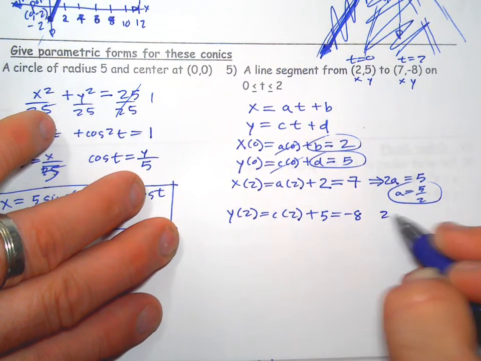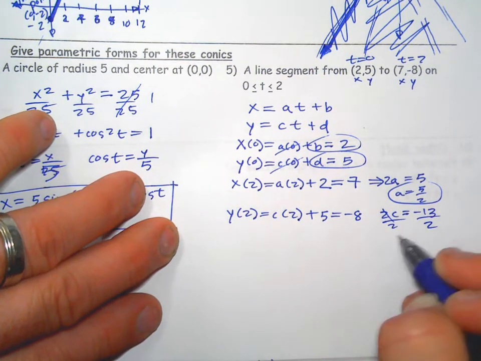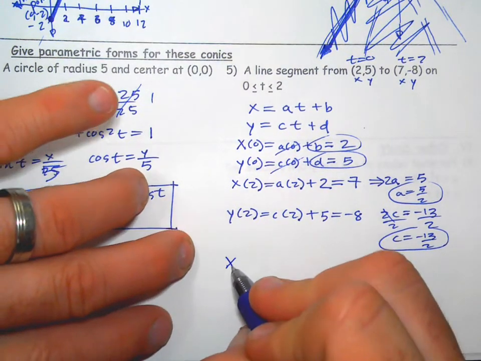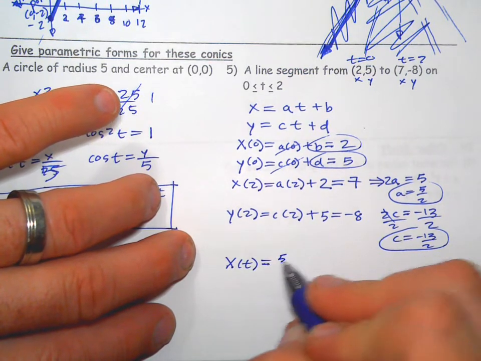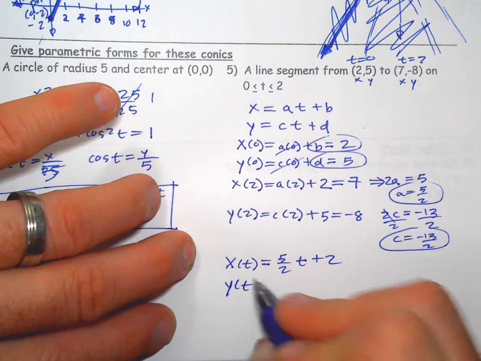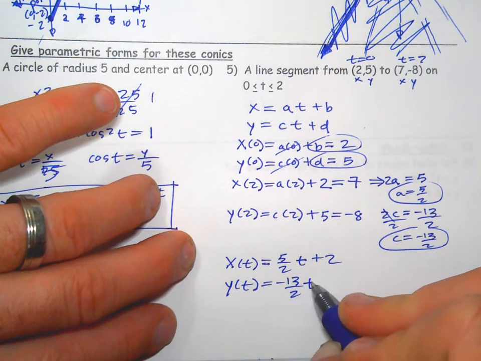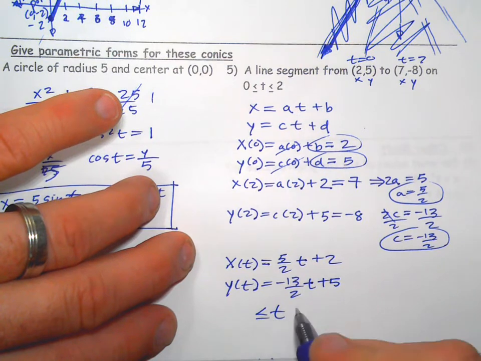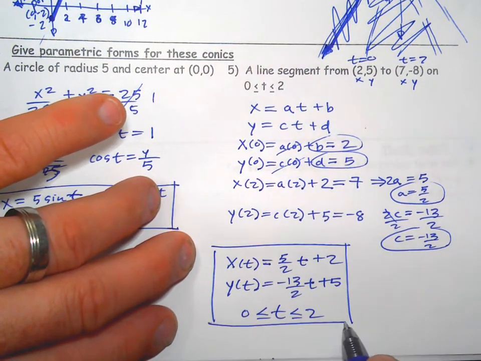So then that's going to be 2c equals -13, and c equals -13 halves. So then our equations are going to be x of t equals 5 halves t plus 2, and y of t equals -13 halves t plus 5. And then the time requirements should be part of it. Okay, there you go.